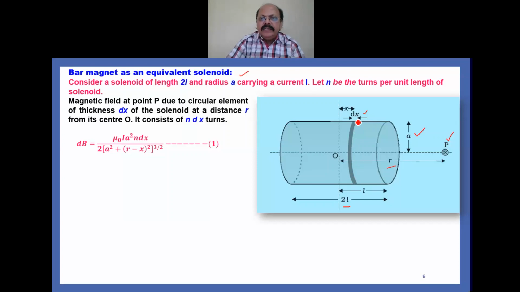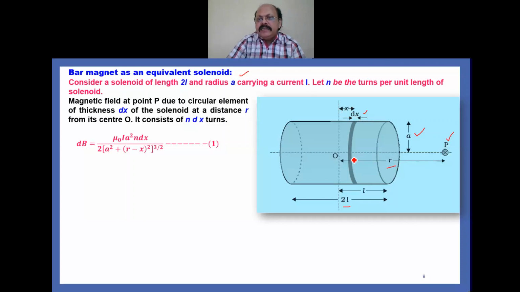So the magnetic field at point P is dB equal to mu naught I a square n dx, number of turns in a small circular element, upon 2 into a square plus r minus x, means the distance of the circular element and point P. So this is r distance and this is x.